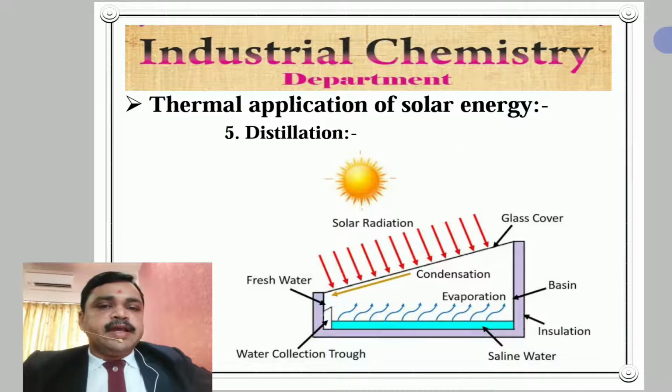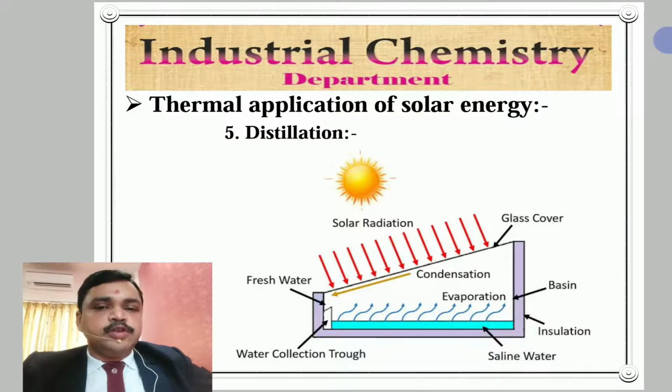The vapor rises, condenses as pure water on the underside of the cover, and flows into the condensate collection chamber on the side. We also describe the water collection trough, where the distillate, or distilled water, is collected.